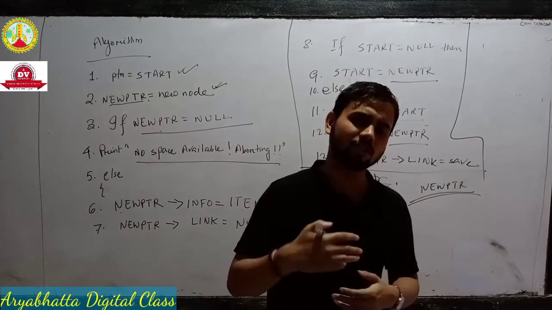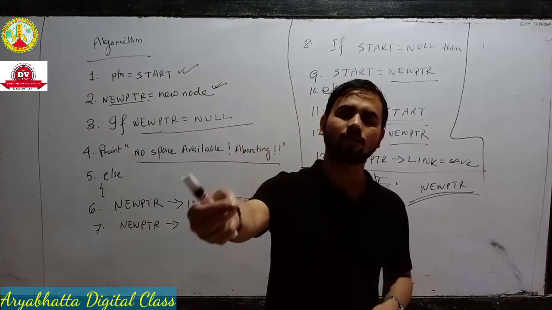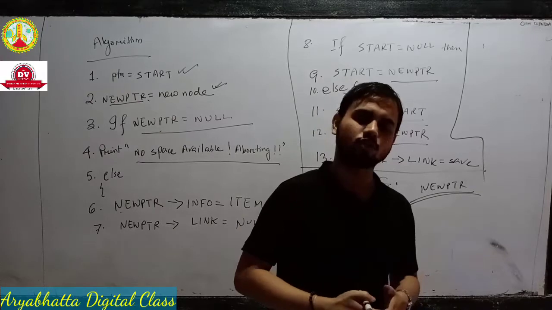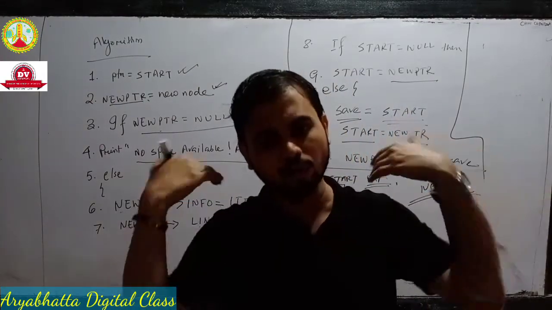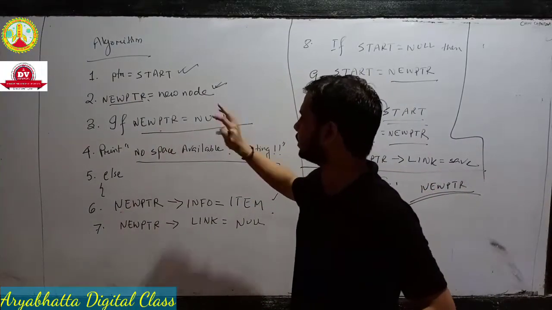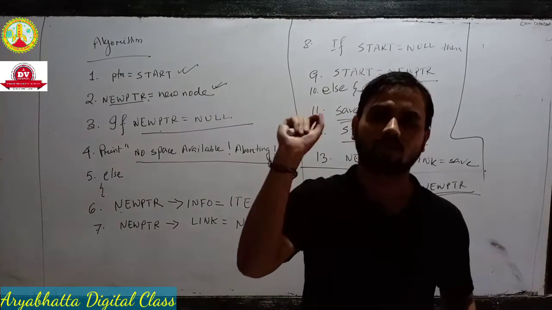If the new node is not created, then how do you insert a new node in the list? That's why it says, if new pointer is equal to null, no space available, aborting. This is the first possible condition.